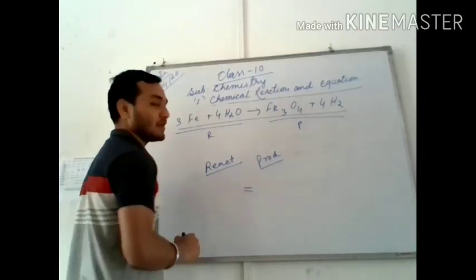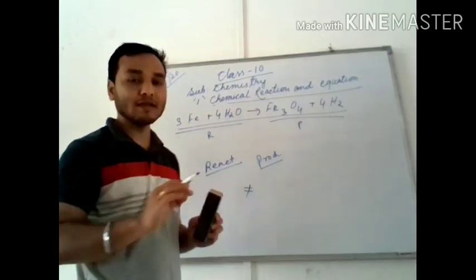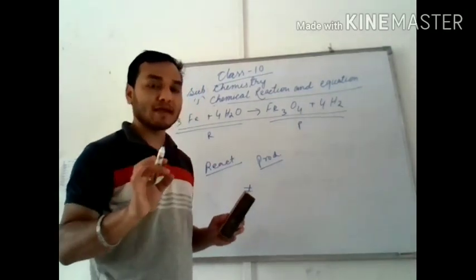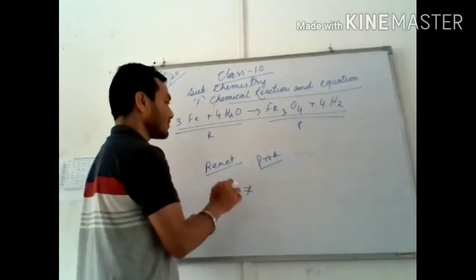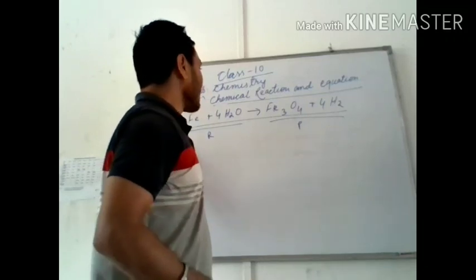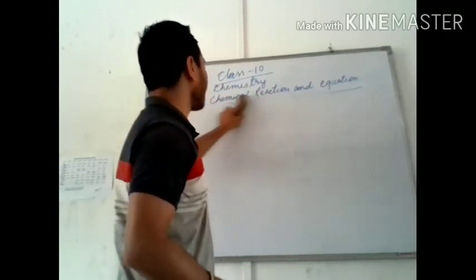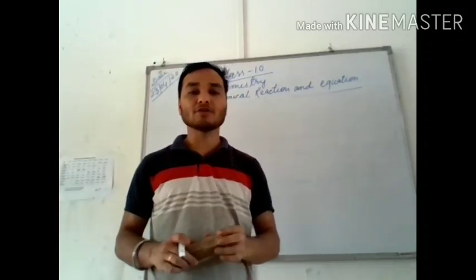If it is not equal, then you should make it properly balanced. For that, you have to apply all the things I taught you previously. So guys, I think you all understood very nicely how to balance a chemical reaction.